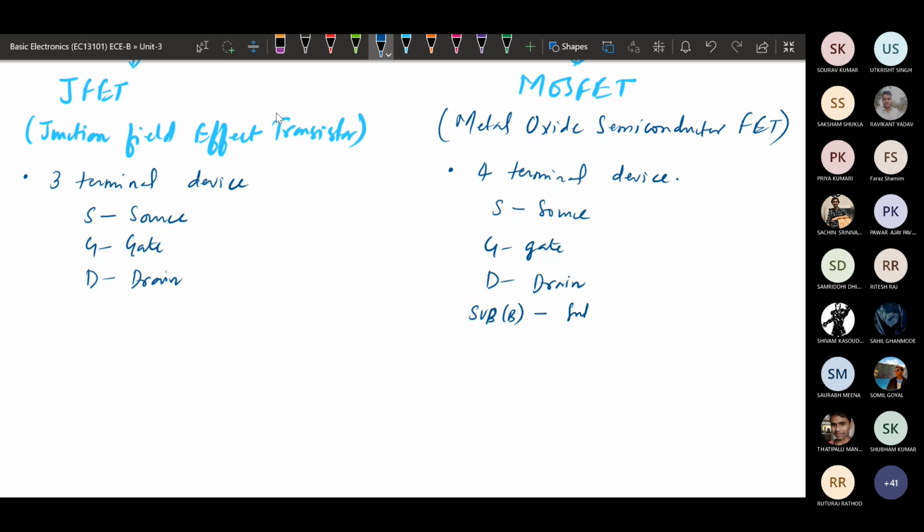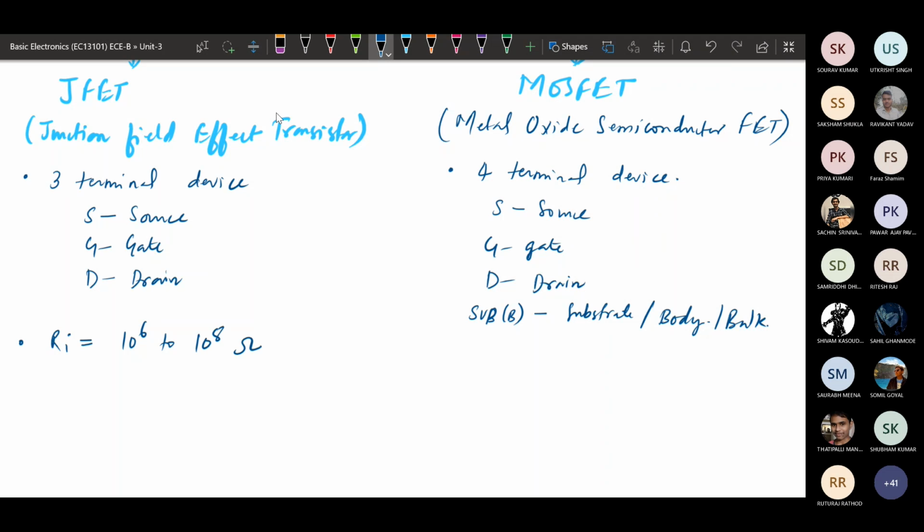It is also called bulk. We can just call it the body or the substrate, and most frequently it is called substrate or body. So the JFET is a three terminal device, and the MOSFET is a four terminal device. In case of the JFET, the input resistance is in the range of 10 to the power 6 to 10 to the power 8 ohm.